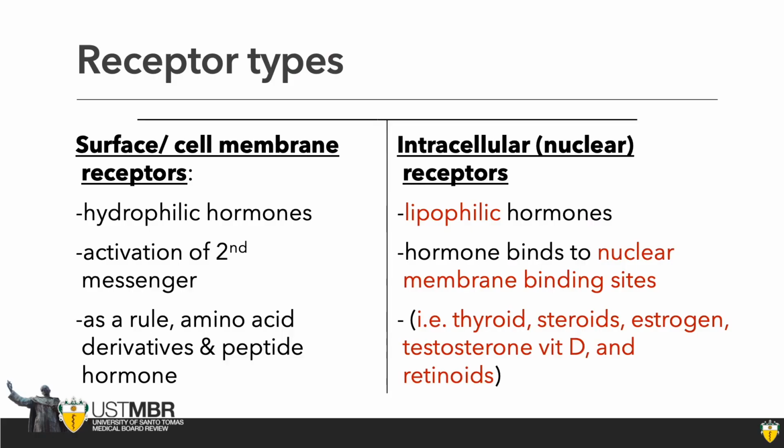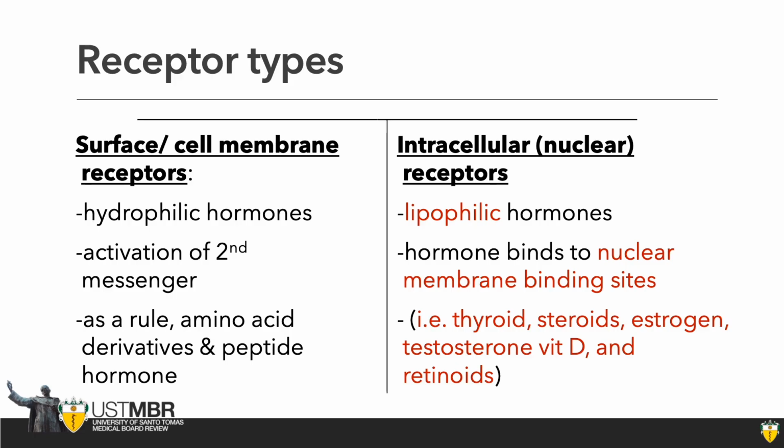You have two general groups of receptors: the intracellular receptors, which are in the nuclear membrane, and your surface receptors in the cellular membrane. Obviously, for the hormone to cross, it has to be lipophilic. So for nuclear receptors, the hormones attached to them are lipophilic hormones.